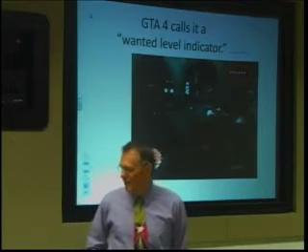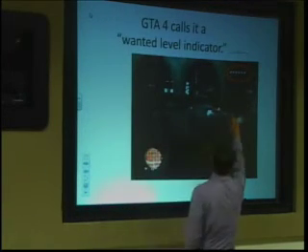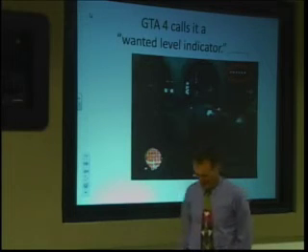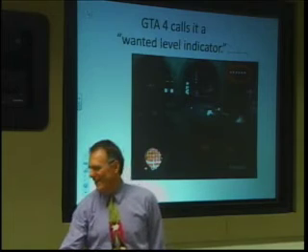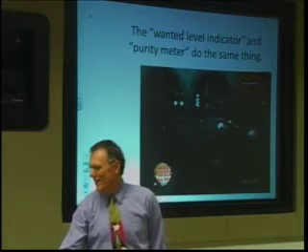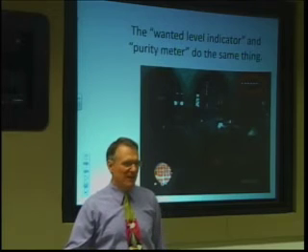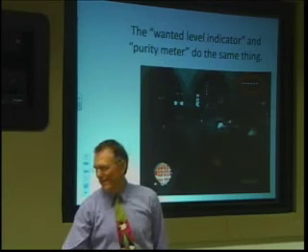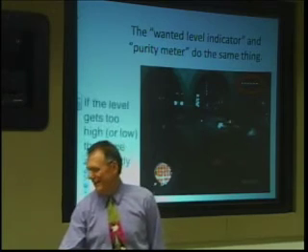In Grand Theft Auto 4, they call it a wanted level indicator. It's the stars up there that go up as his wanted level goes higher and higher. That wanted level indicator does exactly the same thing that the purity meter does. By being bad, Nico's wanted level goes higher and higher.